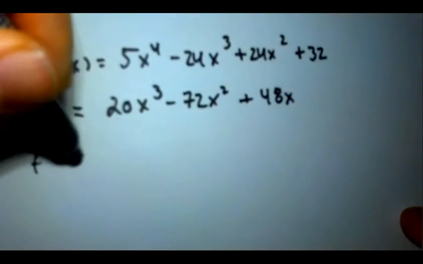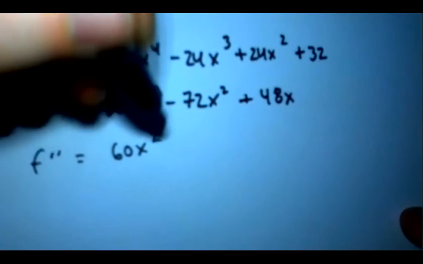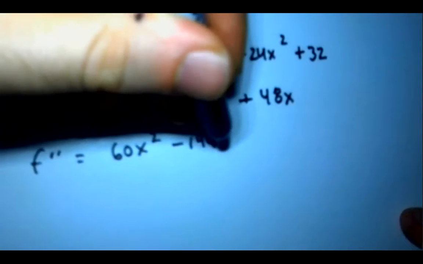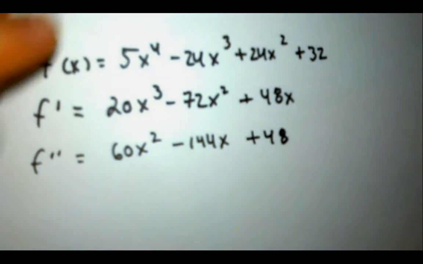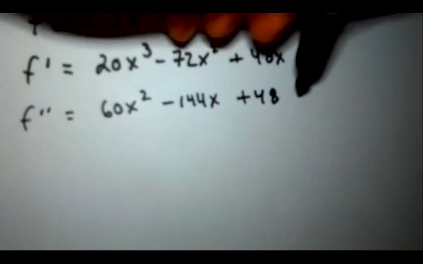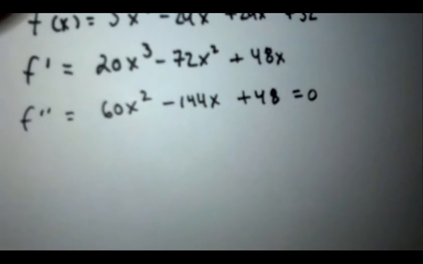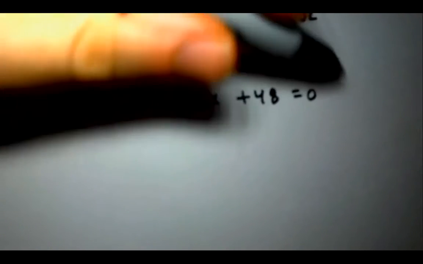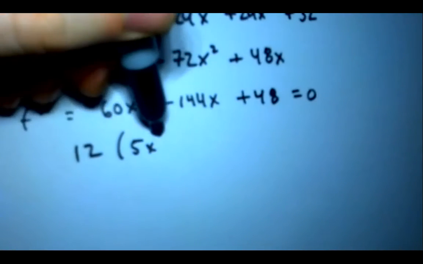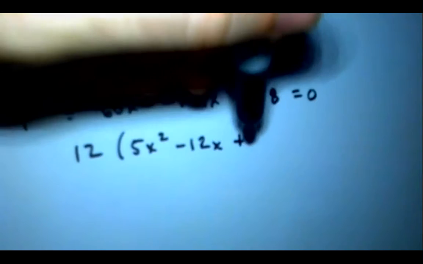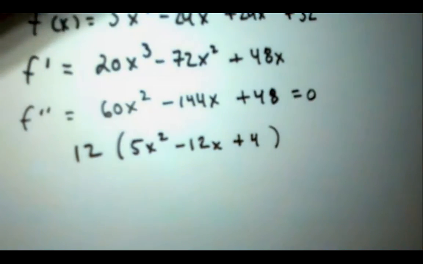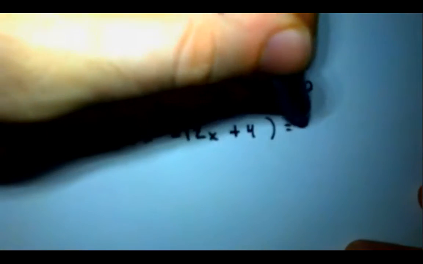Let's take a second derivative, so that would be 60x squared minus 144x plus 48. Okay, we're going to set this to 0. We can take out a 12 to make this easier, and that would give me 5x squared minus 12x plus 4.